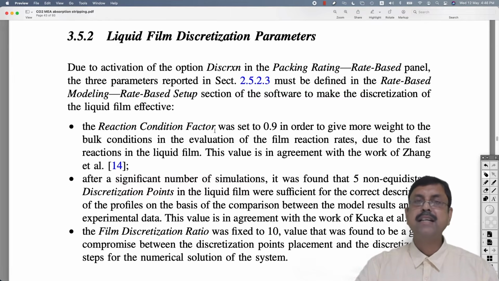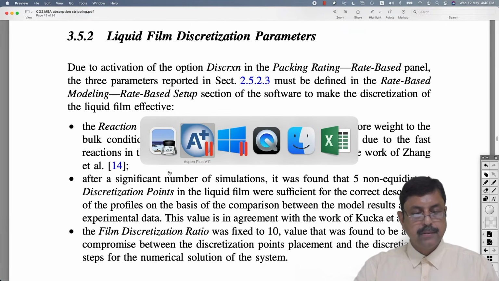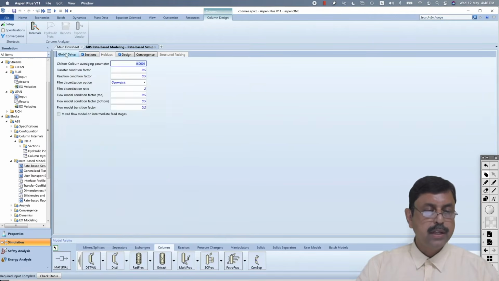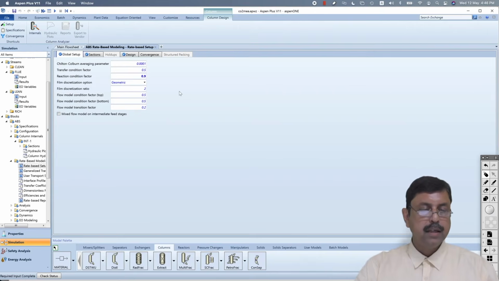Okay, what is reaction condition factor and how is it helpful for your simulation setting up? You can go through the work of Zhang et al. And then you can find it. For the time being, let us go to the simulation and look for reaction condition factor and put 0.9 over here.